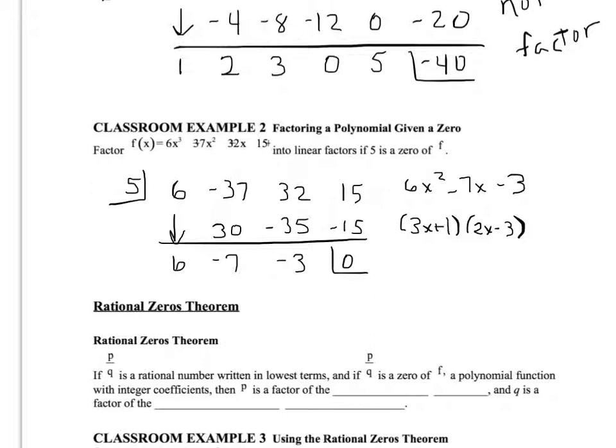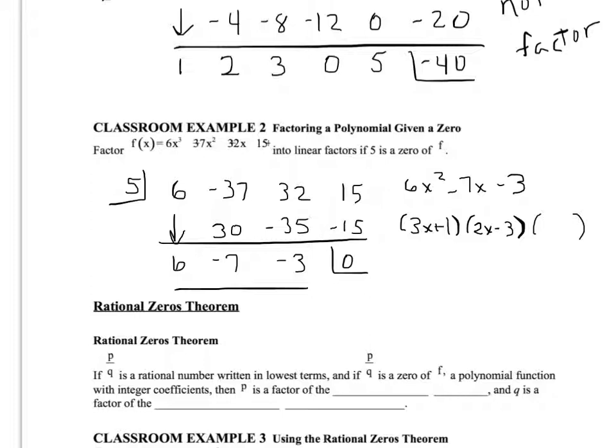It tells you to factor that original polynomial into linear factors if 5 is a 0. So what I did is I took the quotient coefficients, and I factored that, which is what the 3x plus 1 times 2x minus 3 is, but don't forget, we have another factor we need to put with it because we were told 5 is a 0.